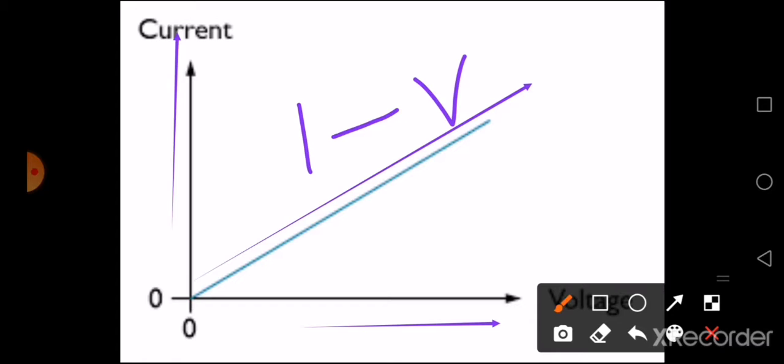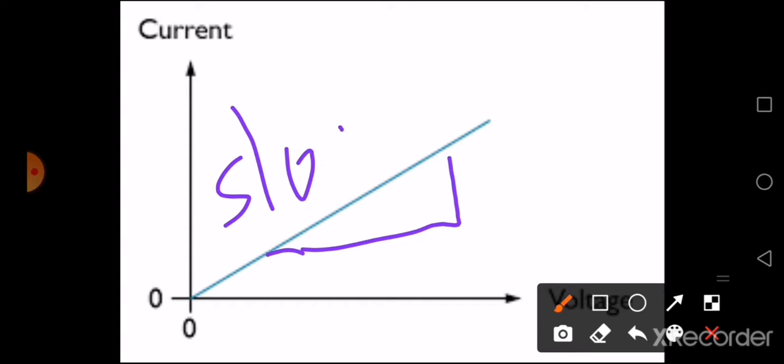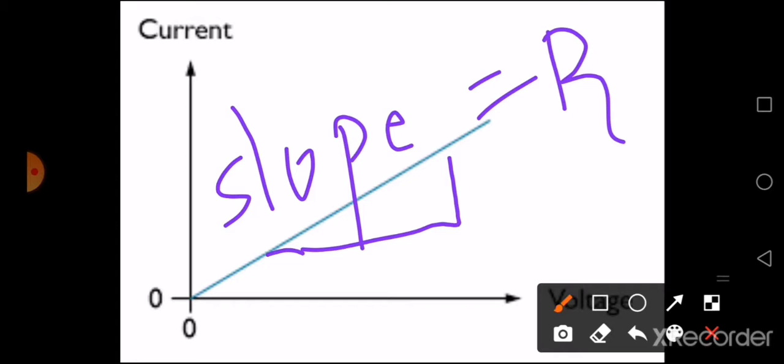According to the graph, the IV graph for Ohm's law will always be a straight line, and once you find the slope of this graph, the slope will give you the resistance of the wire or the conductor. Got it? So this is all about the graph.